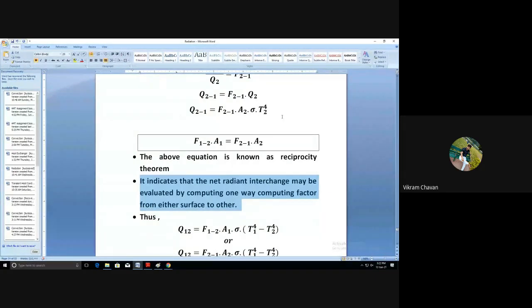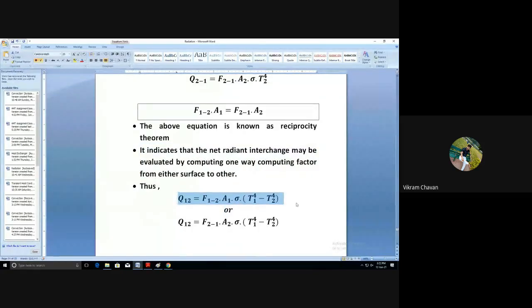Thus Q12, that is the net exchange of heat, will be equal to F1 to 2 multiplied by A1 multiplied by sigma inside the bracket T1 raised to 4 minus T2 raised to 4, or Q12 will be equal to F2 to 1 multiplied by A2 multiplied by sigma multiplied by, inside the bracket, T1 raised to 4 minus T2 raised to 4.